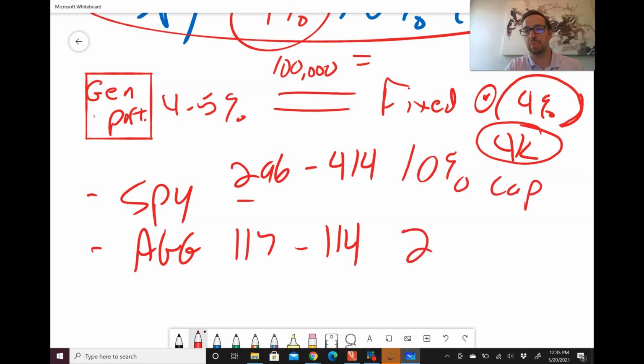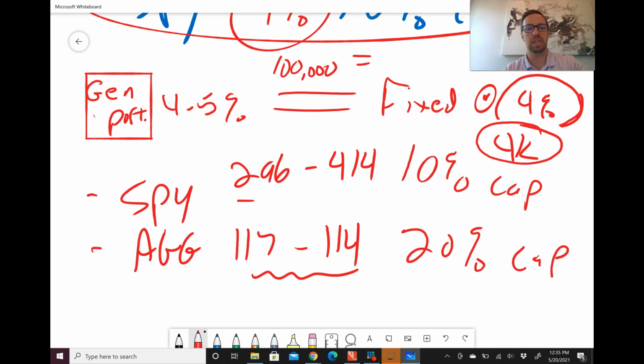In AG, they can probably buy you an uncapped index, but we said 20%, so we'll just stick with it. They can buy you a 20% cap because it's so much less volatile. And volatility drives the price of these options contracts that generate the returns on these policies.